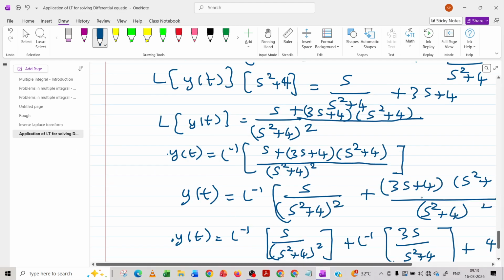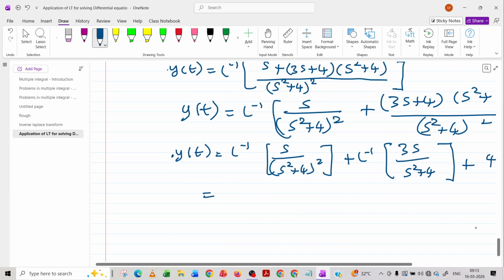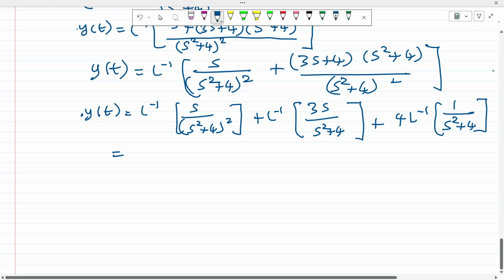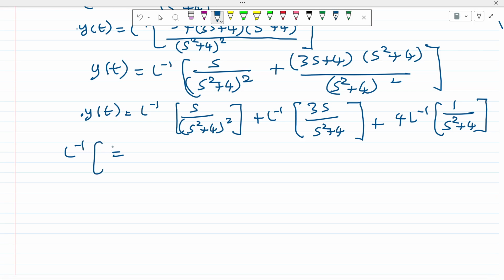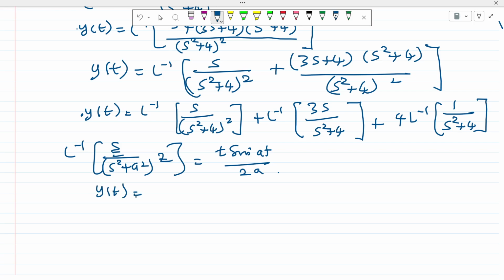You have to remember these 3 formulas. So using this formula here, we have to write. L inverse of s divided by s square plus a square whole square equals t sin at by 2a. It is a formula.